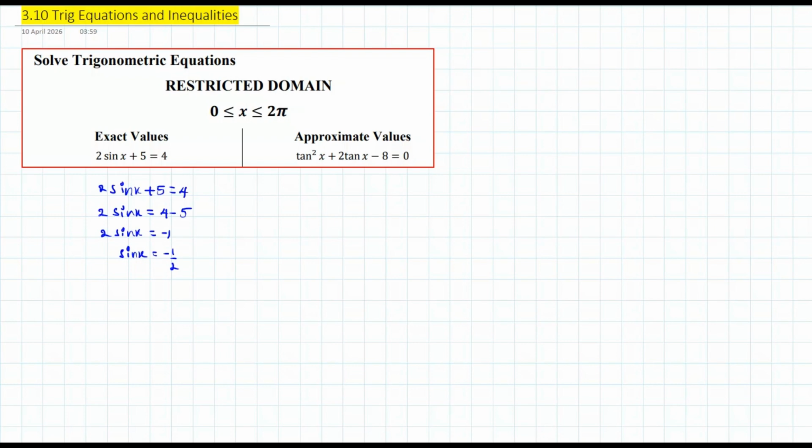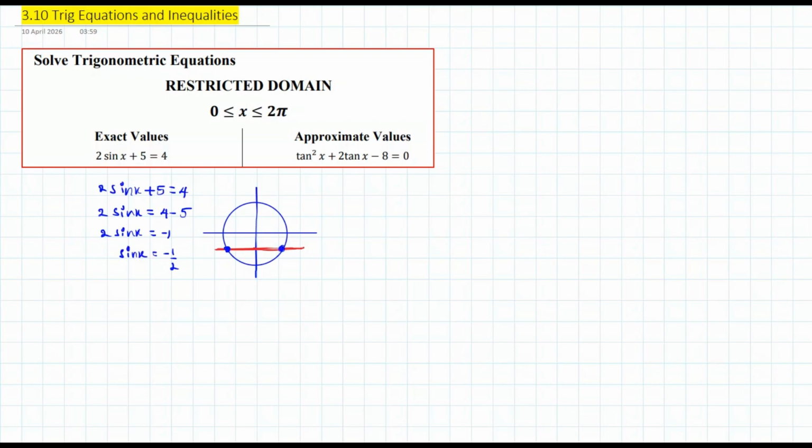Alright, now we have to find the values of x where sin x equals negative 1 half. So now let's take a unit circle here. sin x equals negative 1 half, so this is the y equals negative 1 half line.